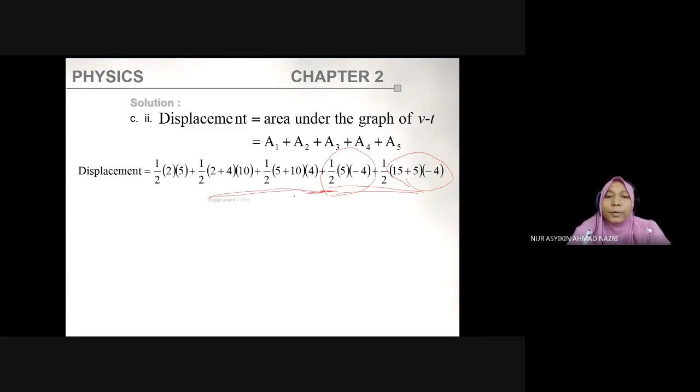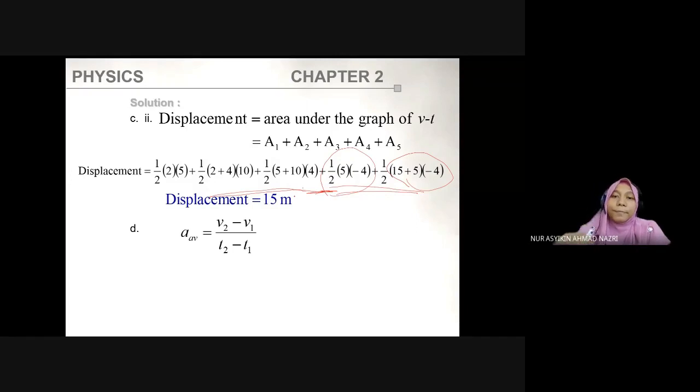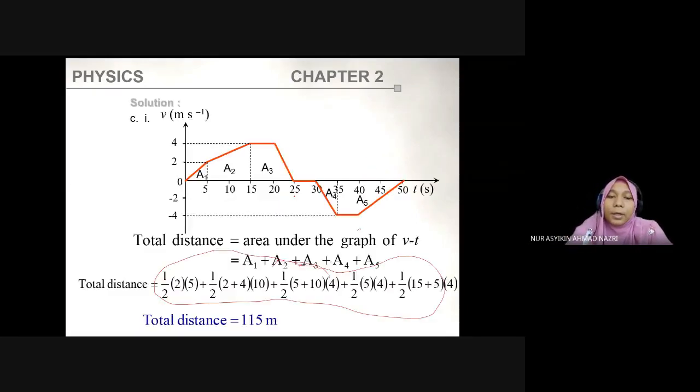So means that that's why the displacement and distance we get unequal value. Okay, still the same. Where we get that value is just still from the area under the graph, but we consider the negative positive.